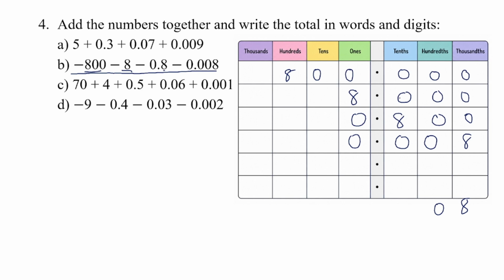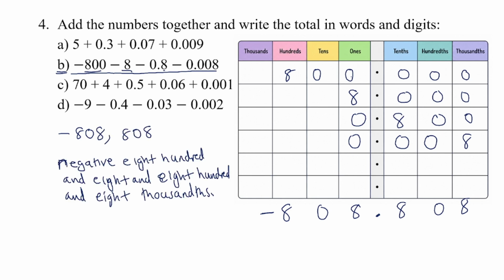Tens, 0 plus 0 plus 8 plus 0, that's 8. Then ones, 0 plus 8 plus 0 plus 0, that's 8. Then tens, we have 0. Then hundreds, we have 8. So the sum here should be negative 808,808. In words, it's going to be negative 808 and 808 thousandths.